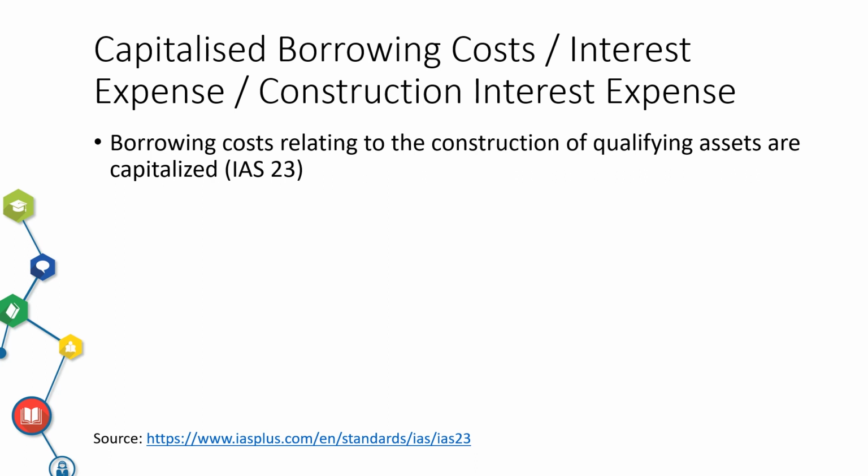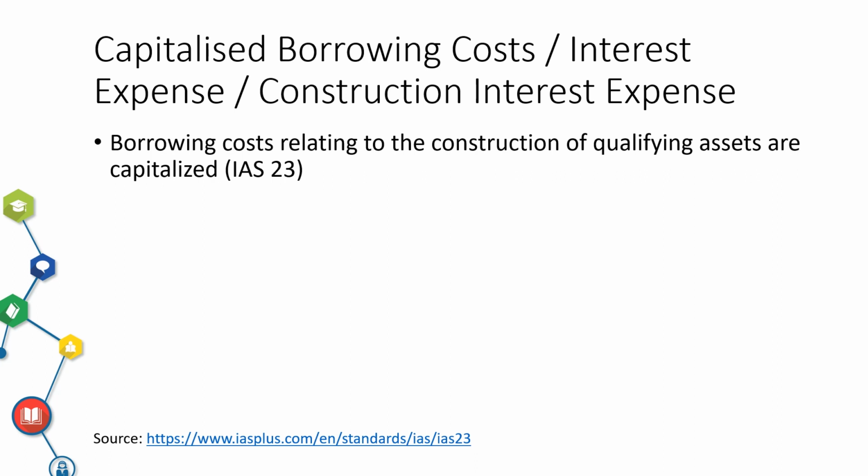Under IAS 23, one of the accounting standards of IFRS, capitalized interest is the cost of funds or borrowing costs used to finance the construction of a long-term asset that a business constructs for itself.